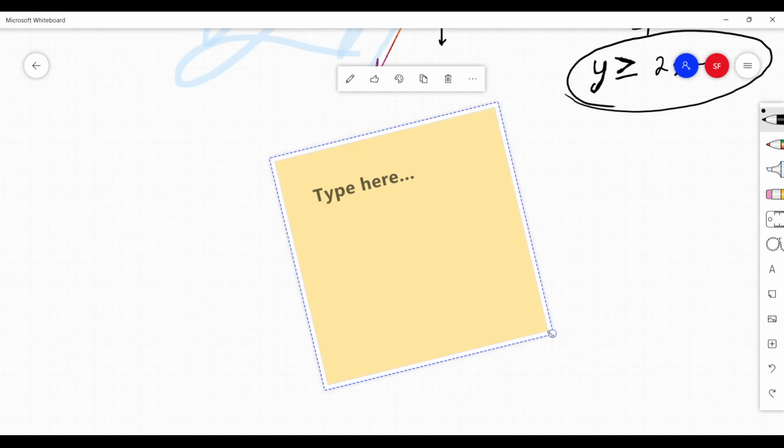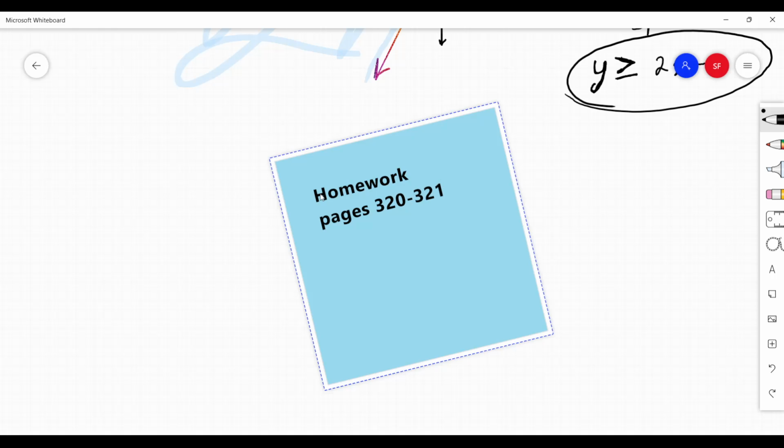Did you ever spell that H-W-K? Page is 320 through 321.